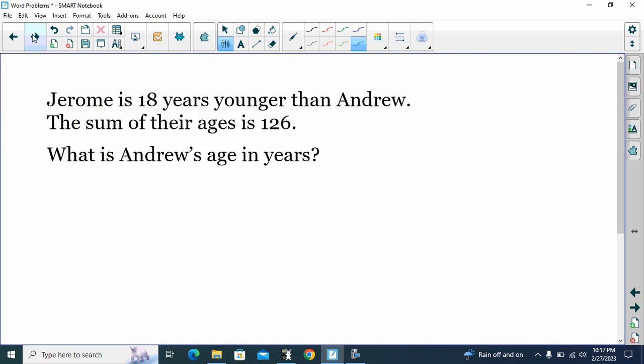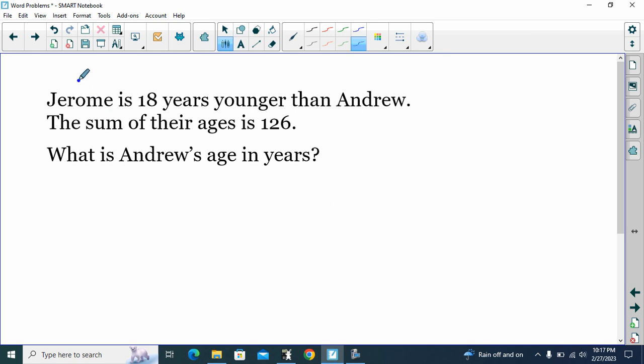We're going to try one more problem like this. This one tells us that Jerome is 18 years younger than Andrew, and the sum of their ages is 126. We need Andrew's age.